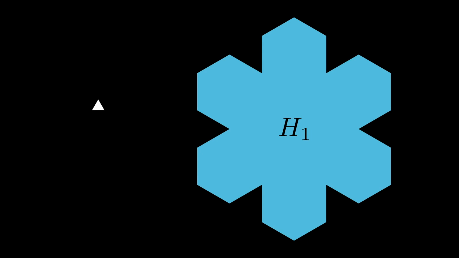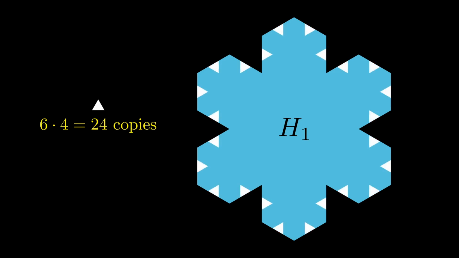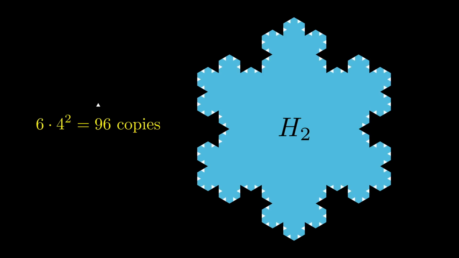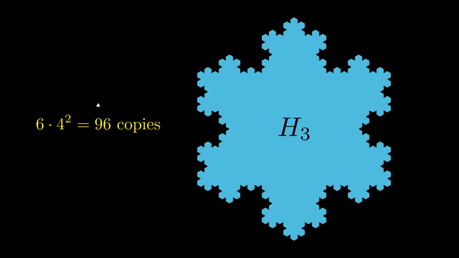Next, scale the triangle again by 1/3 and place 24 copies around the sides of H1, facing into the interior as before. Remove these triangular regions from H1 to create the image H2. For the third iteration, scale the triangle by another 1/3 and place 96 copies around the sides of H2. Then remove these regions to get the image H3.